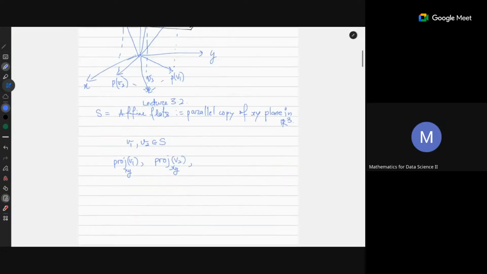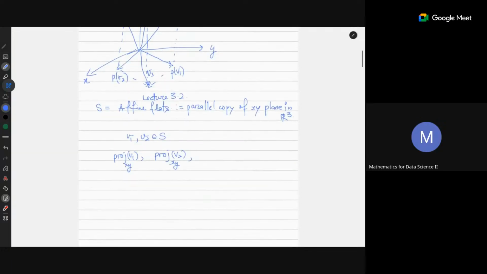So the projection of V1 plus V2 in the XY plane is equal to the addition of the projection of the.